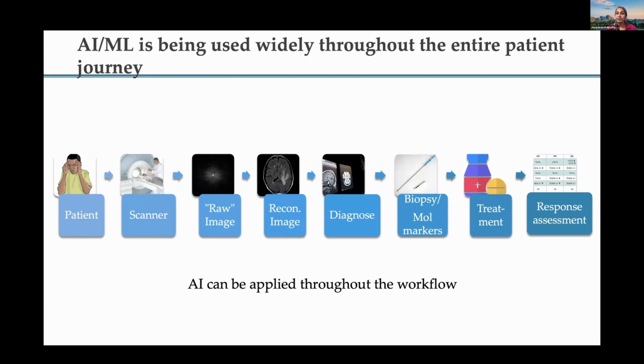There's a lot of work in AI in the optimization of image acquisition, so going from raw data in an MRI, for instance, in k-space data to the final image, or from sinograms in CT to the image. A lot of that happens today using machine learning and AI. In terms of diagnosis, that's where we've seen probably the bulk of the work in medical imaging AI.